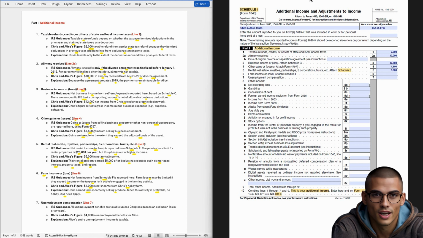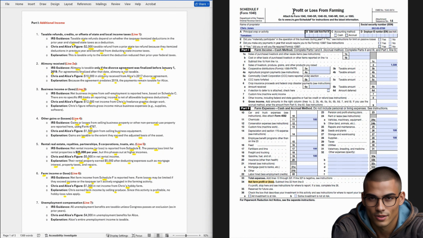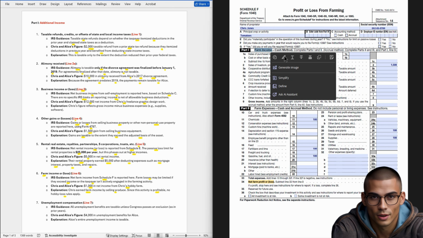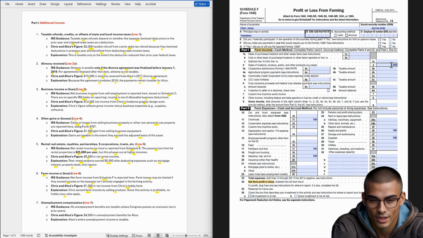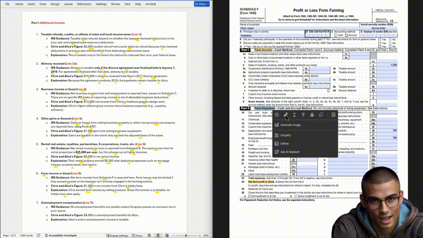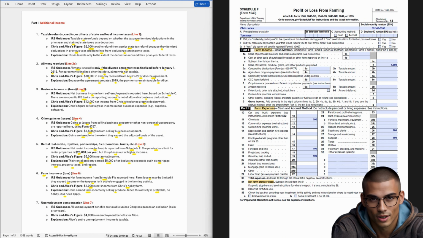So let's take a look at Chris's Schedule F. Here we have profit and loss from farming for Chris, and Chris is growing tomatoes. Here in Part 1, farm income, Chris sold $1,500 worth of tomatoes, and he had expenses in Part 2 of $500.